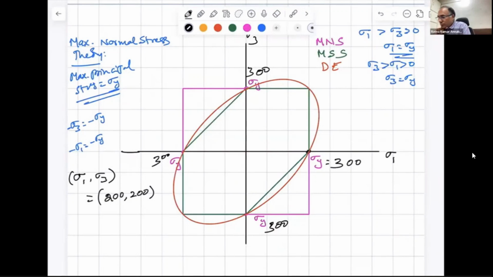So now sigma 1 is equal to 200, sigma 3 is equal to 200. That is the data point.